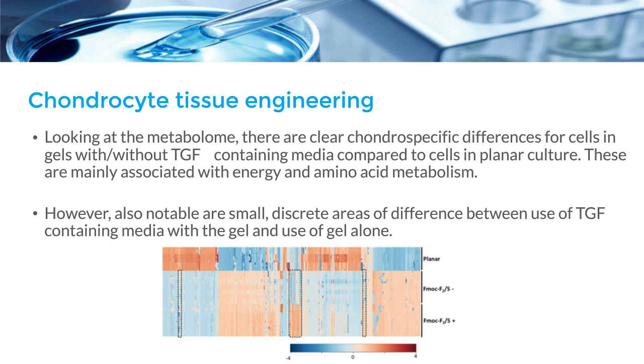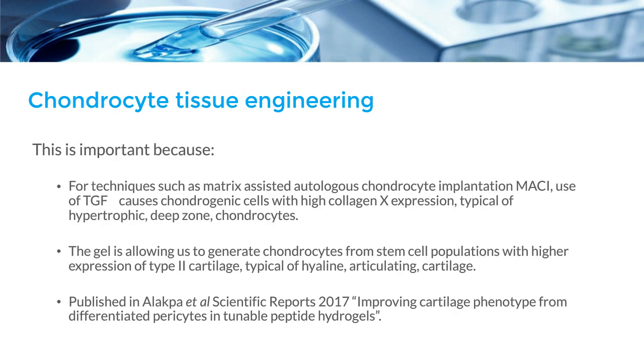But for the last couple of slides, just to summarize, for techniques such as matrix-assisted autologous chondrocyte implantation, or MACI, which I'll quickly show in the next slide, use of TGF-beta in differentiation causes chondrogenic cells with high collagen 10 expression, typical of deep zone chondrocytes. That's not what we really want when we are repairing cartilage.